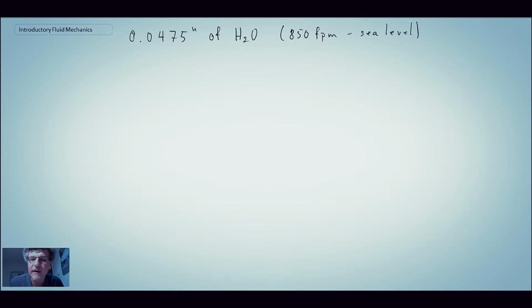So the 850 feet per minute will not be accurate, and we'll see that as we go through the calculation. To begin with, the inclined manometer is giving us a pressure measurement in inches of water. I don't like working with British units, so I'm going to convert that to SI.